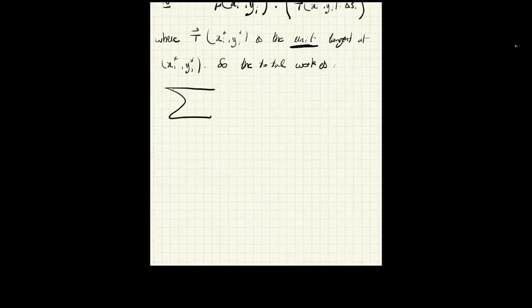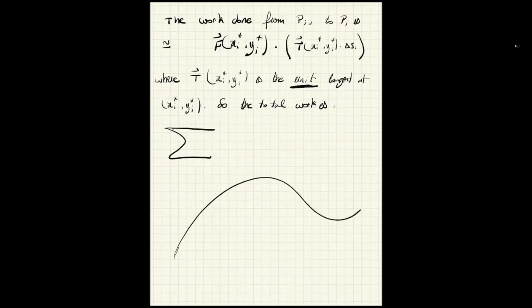It's the same exact thing. You have a curve and we divide it into lines. So we are approximating the work on these lines, supposing that the force is constant on each line, using the formula we know.